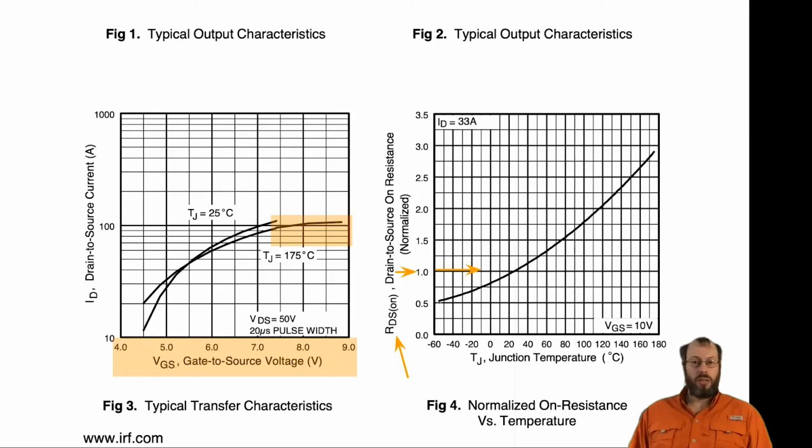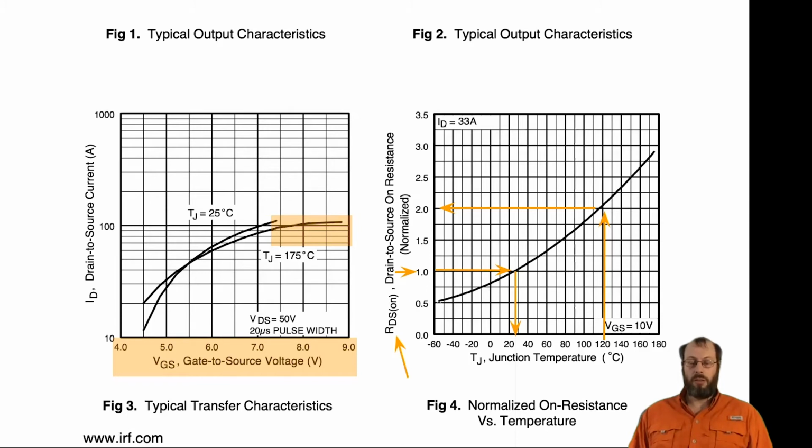Interestingly, we can see here that the 44 milliohms are true for a junction temperature of about 25 degrees C, which again is a de facto standard for room temperature. But at higher operating temperatures, let's choose a realistic one of about 120 degrees junction temperature, we actually end up with twice the on resistance, so we actually have 88 milliohms at that temperature.